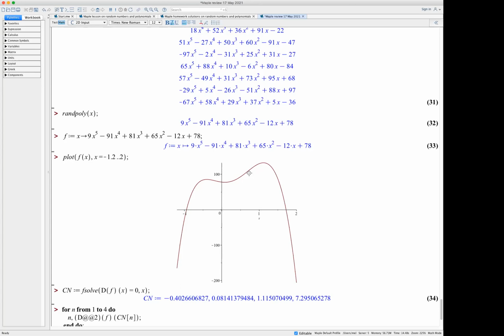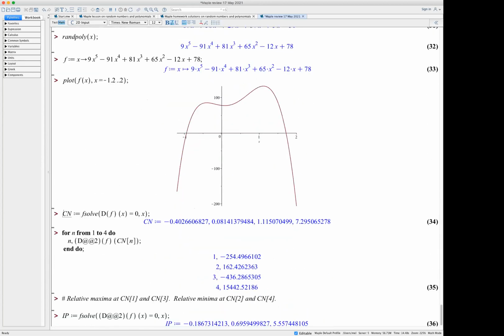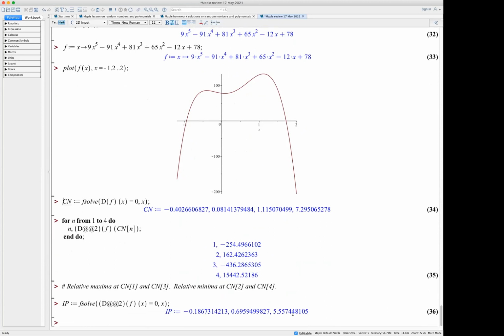Here, at 0.08, that's right about here, there's an inflection point. So concave down, concave up, concave down, and then out here at 7.2, you can't see it on this graph, it turns concave up again. So these are the inflection points.